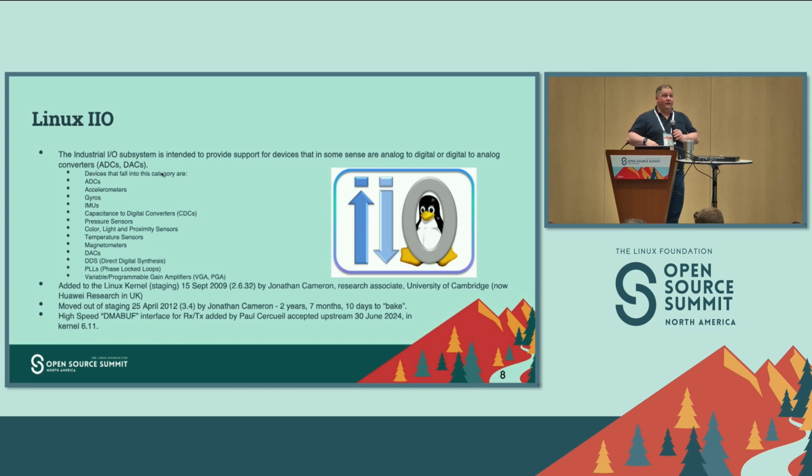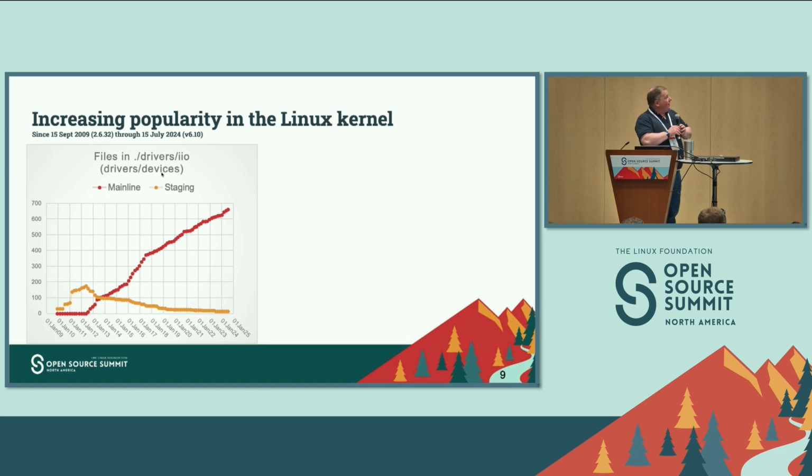In terms of who's developing things, just on the driver's side, so this is just the in-kernel pieces, we can see the number of files in staging go up for the first year, like you would expect. Then as things solidified and became common, everything just went into the standard drivers IIO directory.